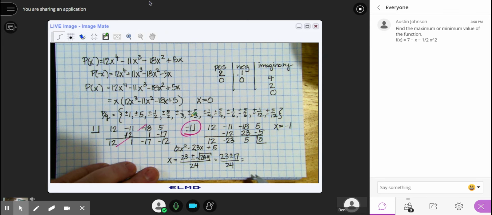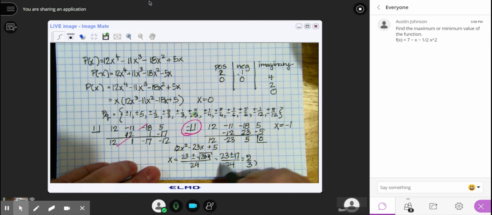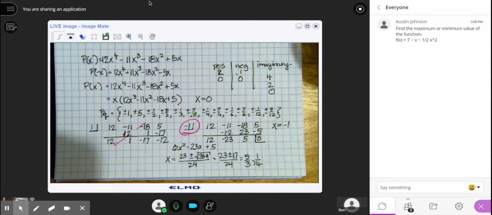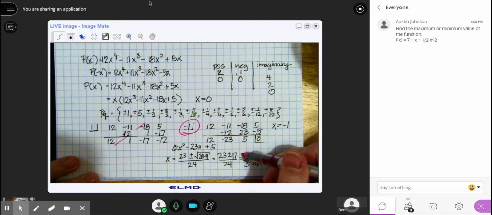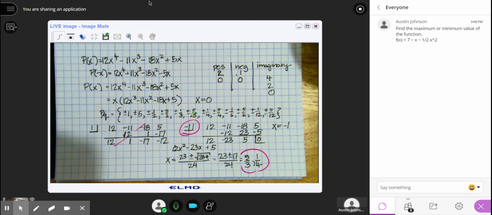If I add, I'm going to get 40 over 24, which is 5/3. And if I subtract, I'm going to get 6 over 24, which is 1/4. And that's my 2 positive solutions.